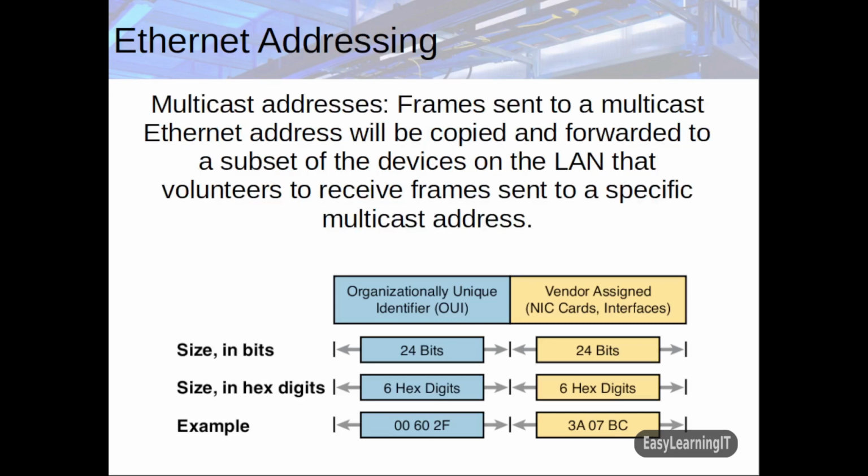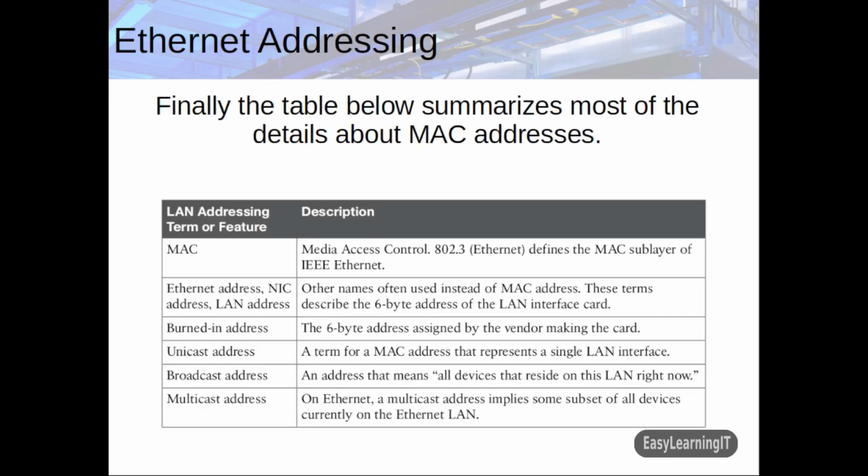Multicast addresses: frames sent to a multicast Ethernet address will be copied and forwarded to a subset of the devices on the LAN that volunteers to receive frames sent to a specific multicast address. Finally, the table below summarizes most of the details about MAC addresses.